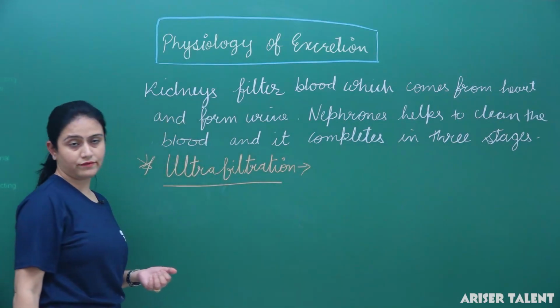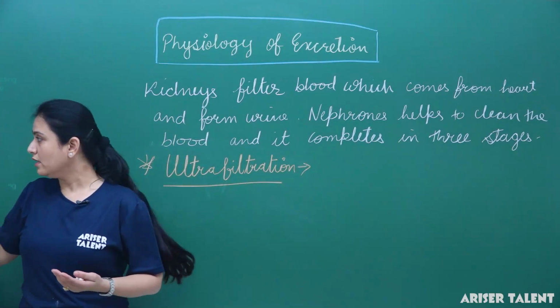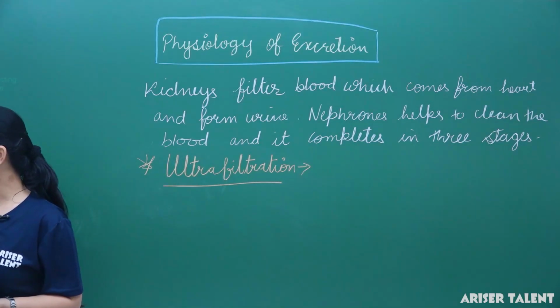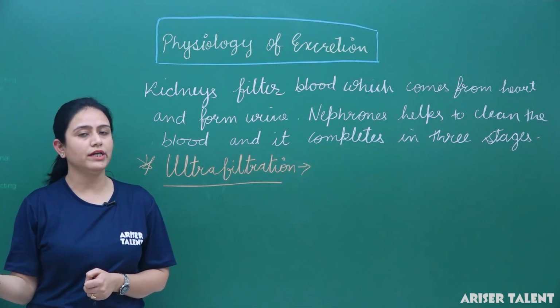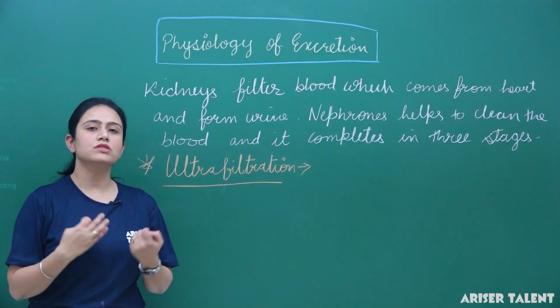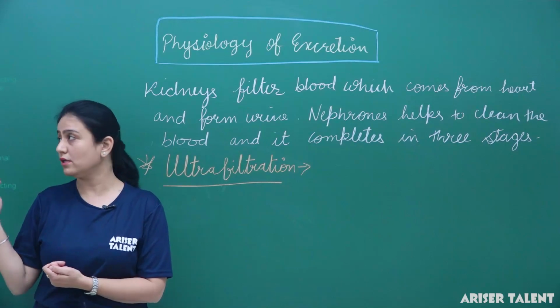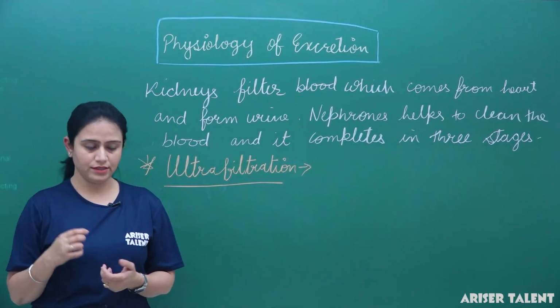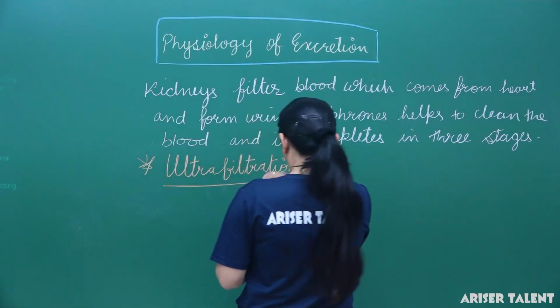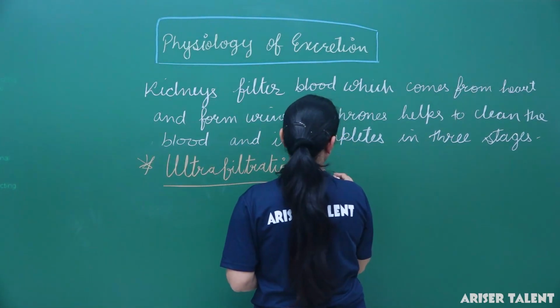What is this ultrafiltration? The renal artery, which arises from the dorsal aorta, goes into the kidney, and then it divides into small vessels. These vessels are generally known as glomerular capillaries. Let me mention ultrafiltration.